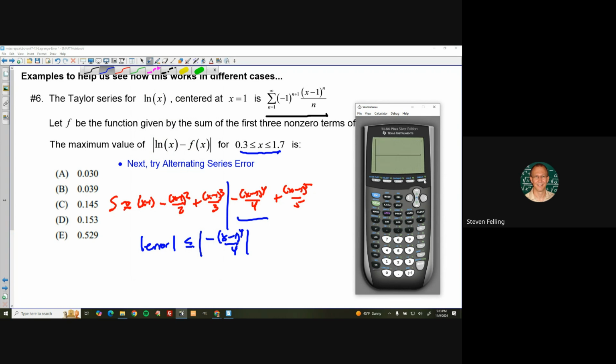See if we can see the graph. There it is. Looking at that, it looks like the error depends on the x value, and they want the maximum value. So let me specifically limit this window now to 0.3 to 1.7. And then I'm just going to look at the graph and see if I can see where it's largest.